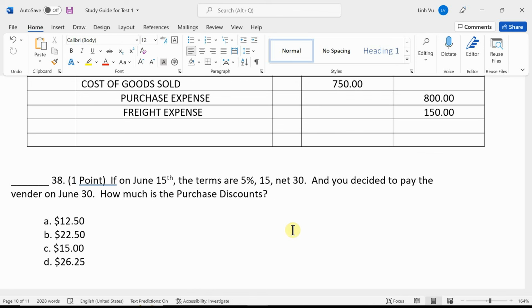Okay. Yeah, so as you can see, if on June 15th. So I'm specifically focusing on just June 15th's purchase. Okay. So the total was $450, and 5% of that is $22.50.